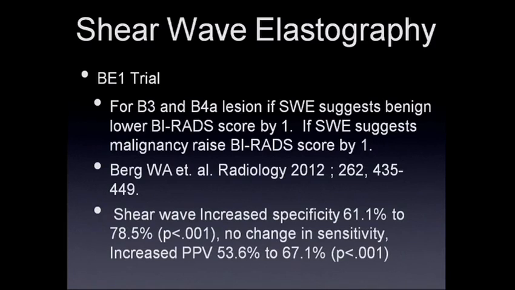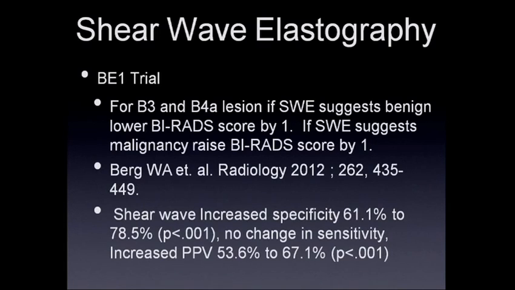There was a huge trial looking at shear wave elastography, the BE1 trial. And what they found was that for B3 and B4A lesions, if shear wave imaging suggested that the lesions were benign, and they used a kilopascal number of approximately 80 to distinguish between benign and malignant, we could lower our BI-RADS score by 1, suggesting that we can make a B3 lesion a B2 lesion, and we can make a B4A lesion a B3 lesion.